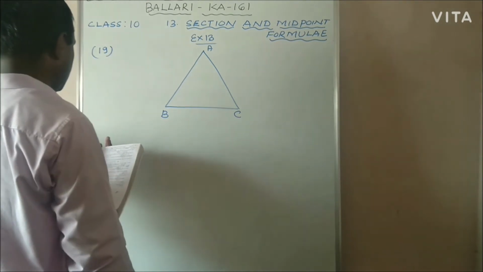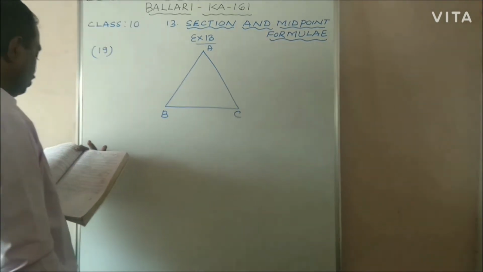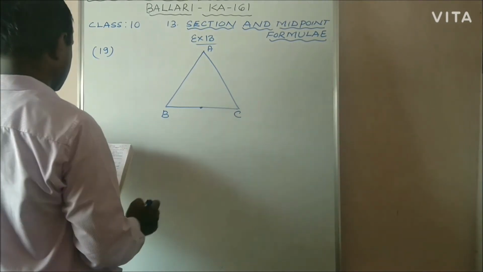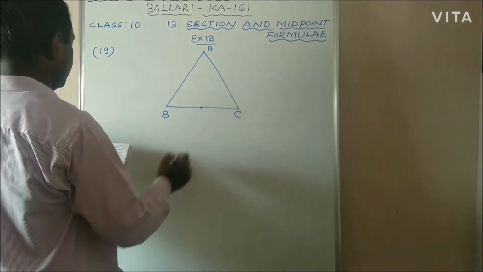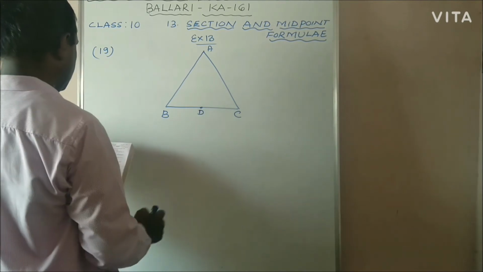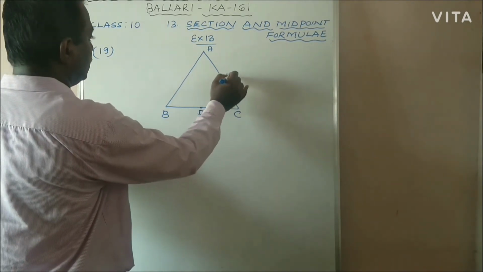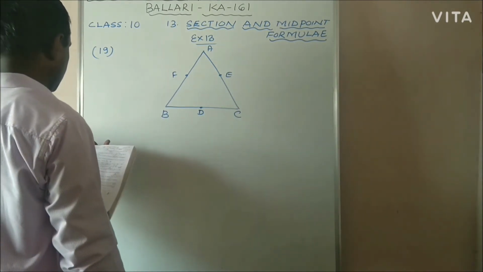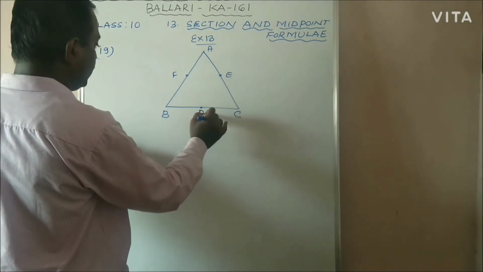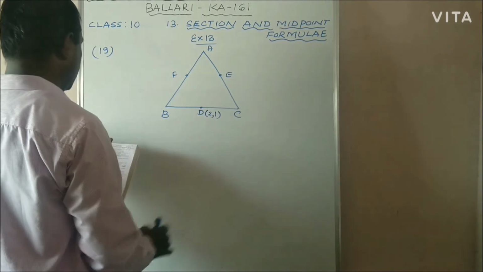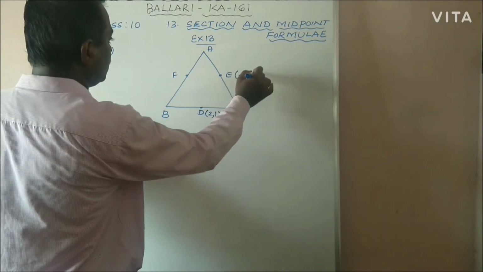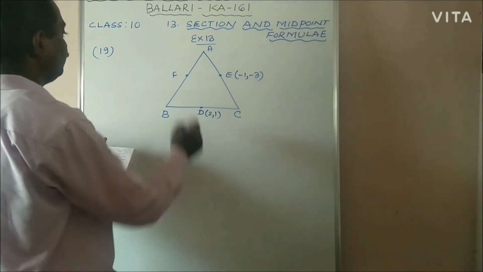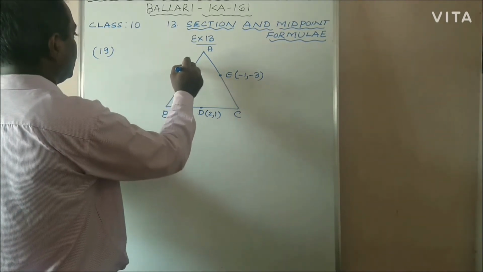Midpoints of the sides BC, CA, AB, you can say D, E, F, are given as 2, 1 and -1, -3 and 4, 5.